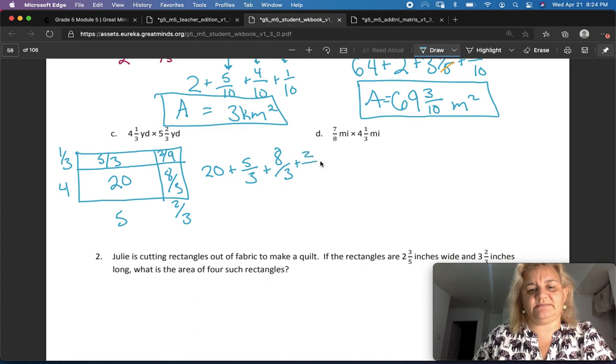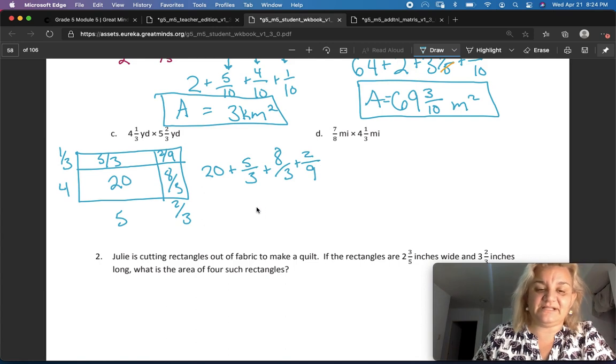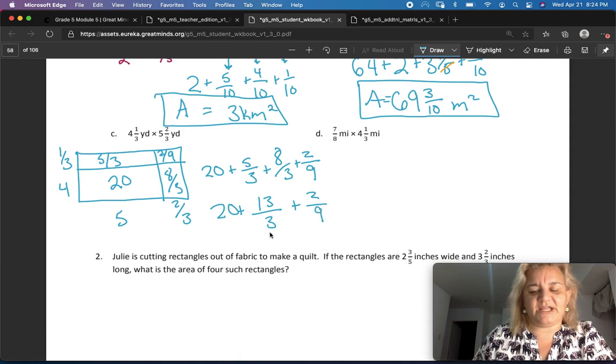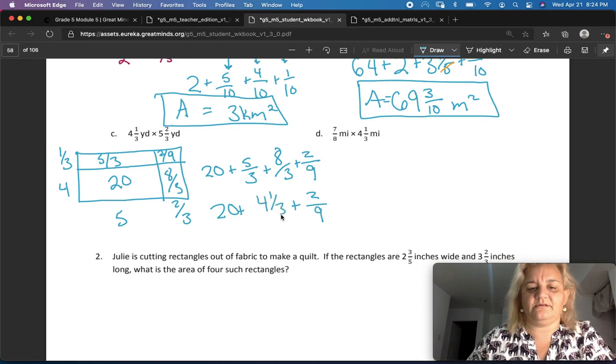Okay, so now I've got 5 plus 8 is 8, 9, 10, 11, 12, 13/3 plus 20 plus 2/9, I'm sorry. I'm going to go ahead and change that. Instead of 13/3, 3 goes into 13 4 times with 1 left over. So 4 1/3, right? 3 goes into 13 4 times with 1 left over.